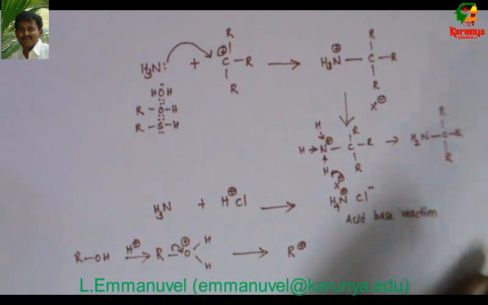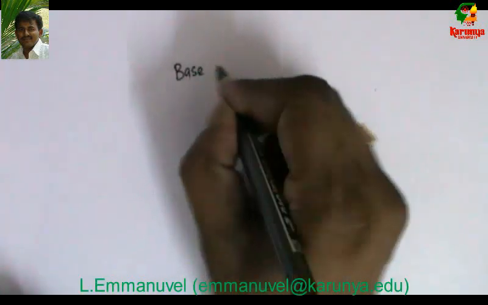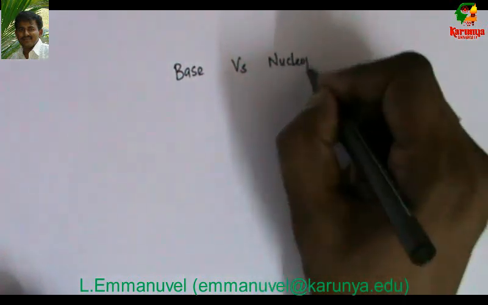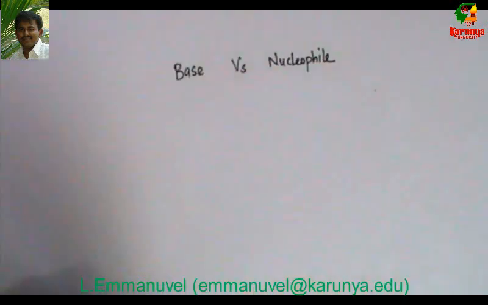Generally the students get confused between base and nucleophile. Both are same. Base and nucleophile both are same, but they get different name based on the role of it in the reaction.